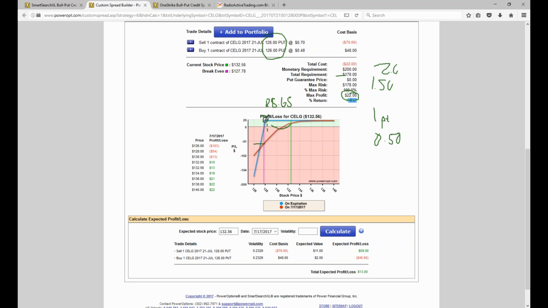One of my adjustments, depending on how much time has passed, and this is only a 14-day spread, let's say 8 trading days later I only have 5 or 6 days left. I may be able to buy to close my 128 put, which is now close to at the money, and sell the 127. If I think it's come to this point and maybe it's the bottom, but it may go a little bit lower, I give myself more cushion by moving down 1 full strike.